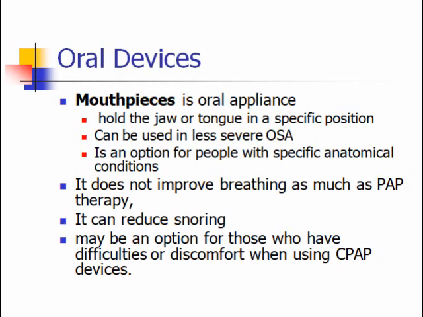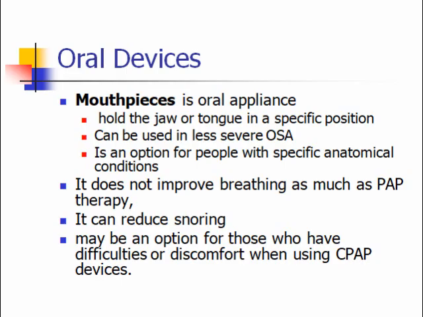It's usually used in less severe obstructive sleep apnea. This is a good thing for people that have anatomical problems. They may not need the pressure, the mask of CPAP. It doesn't improve breathing as much as CPAP would. However, it can reduce snoring.